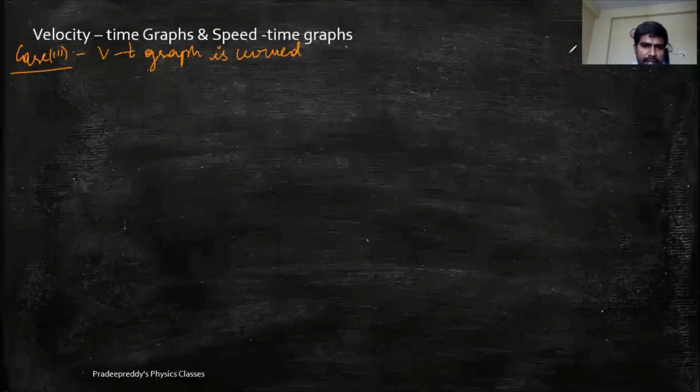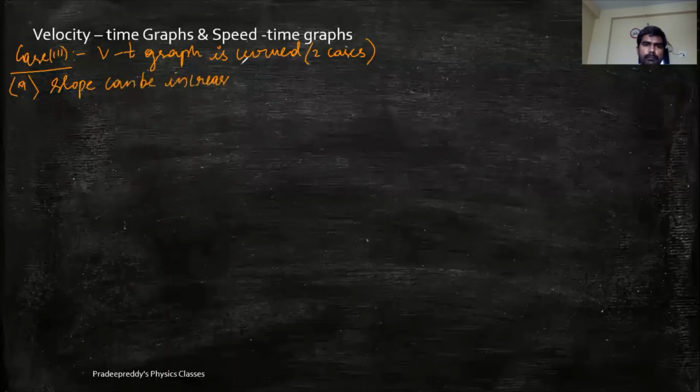Velocity time graph is curved, that is case 3, which we are going to learn. Now in this, if it is curved, we have 2 possible cases. Case A is that slope can be increased.